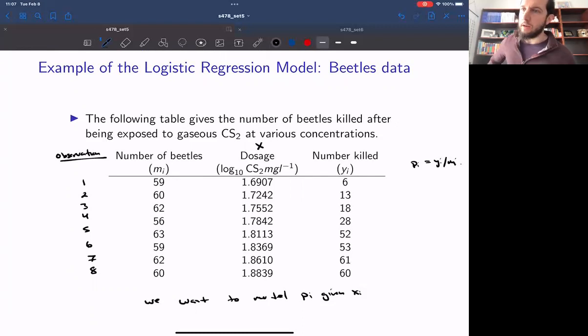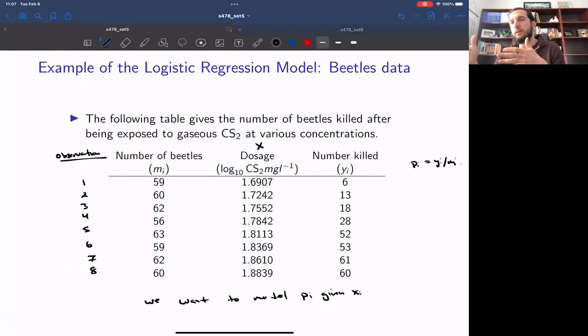So this is a binomial situation where y_i is the count of the number of deaths, and m_i minus y_i in this case would be the count of the number of beetles that survived. So we have a binary outcome, death or not death, and we have a set number of trials at each exposure level, and then we have a count of the number of outcomes, right?